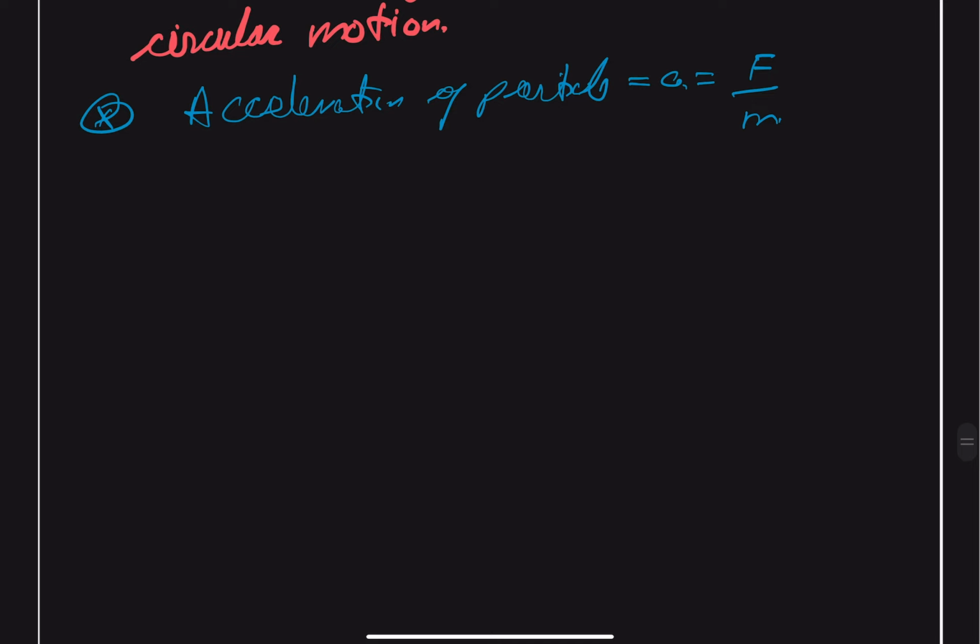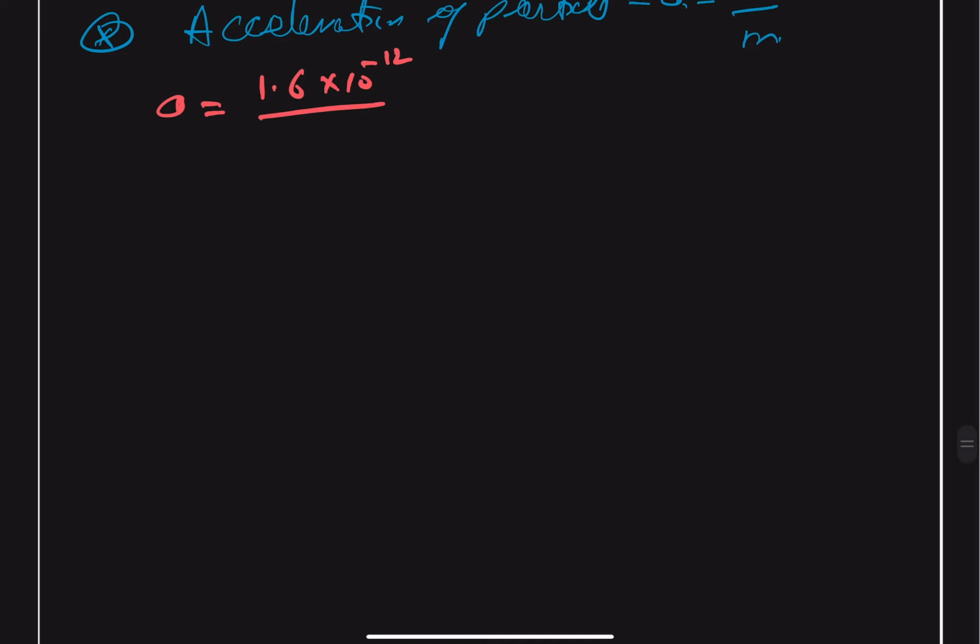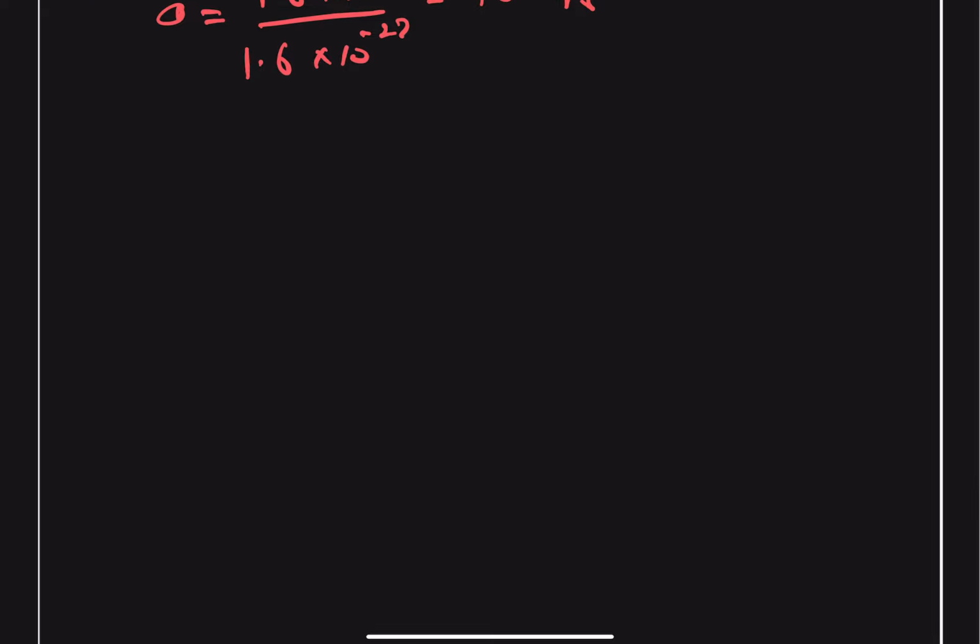Mass is also given as 1.6 into 10 to the power minus 27. So this gives us that acceleration will be equal to 10 to the power 15 meter per second squared. And this is nothing but a centripetal acceleration, we can also call it.